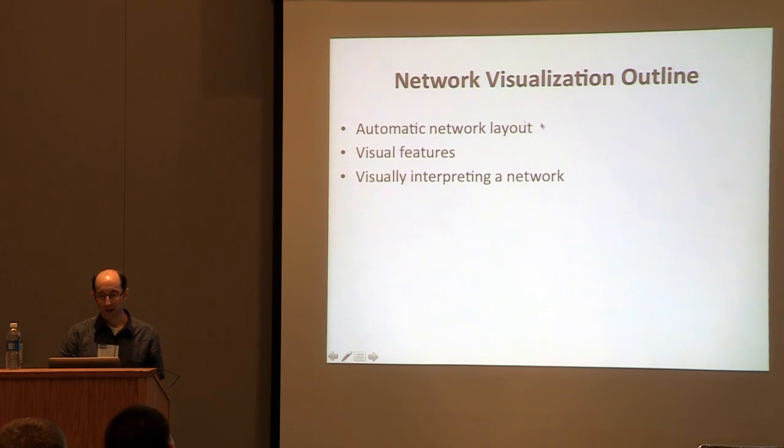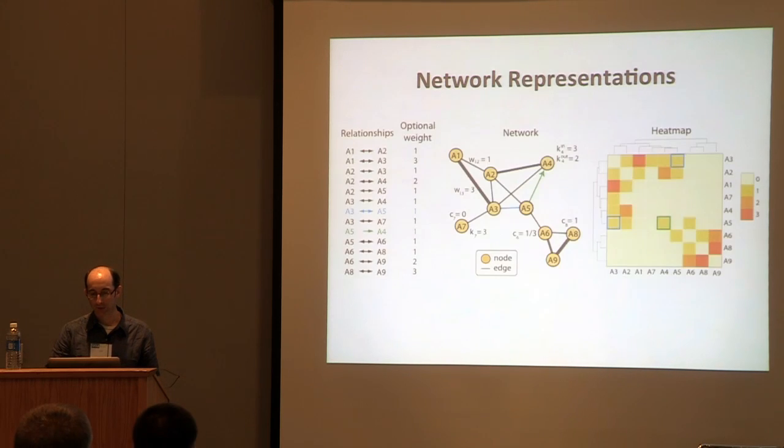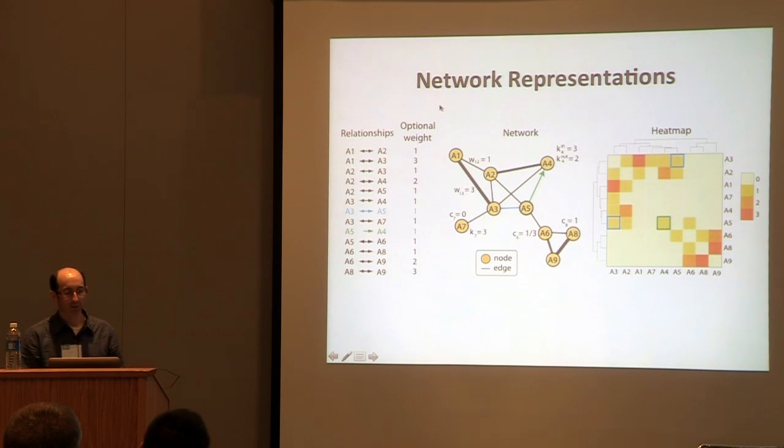Okay, I'm next going to talk about some basics of network visualization. There are three major ways of representing networks. The simplest is just a list of relationships, which is not very useful from a network visualization point of view. We've seen the other two in the course today. The standard way of representing networks is nodes and edges: circles are nodes and lines are edges.